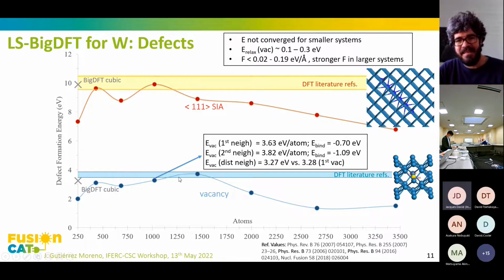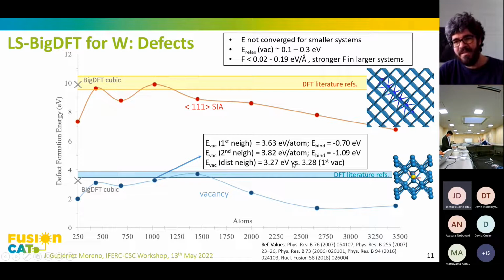In this case, we see that vacancies should probably be converged within this region already in terms of size, because they don't have such a strong self-interaction. On the other hand, for self-interstitials, we expect that this region here will start the convergence, or the part where self-interaction is not that strong.